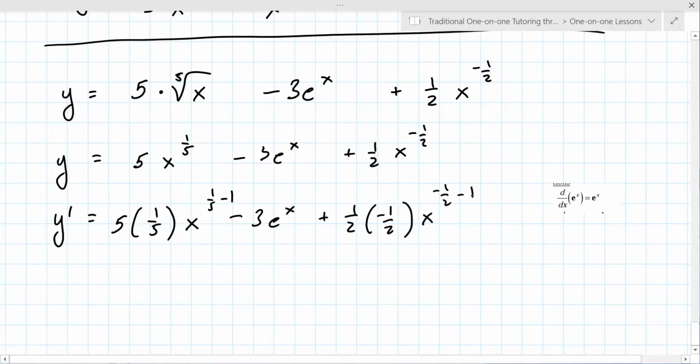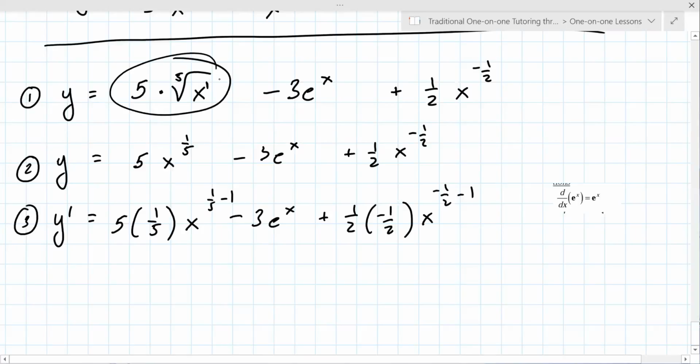I'm confused, how did you do the first one? 5 times the fifth root of x. Which line here? The first line. This right here? Yes. Well, there's a 1 there, so that 1 goes there, and that 5 goes there.